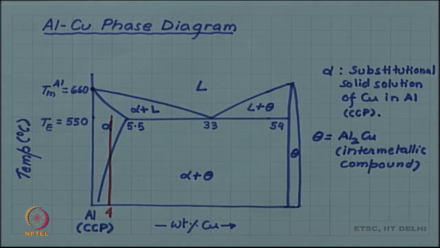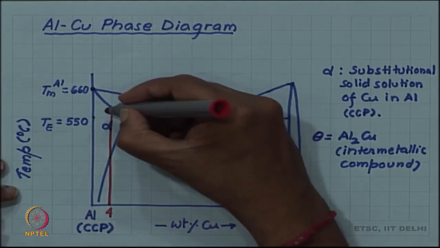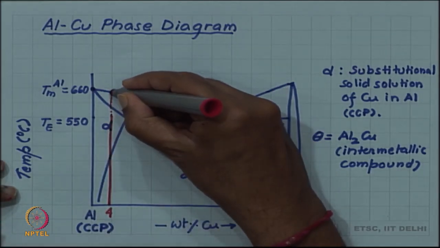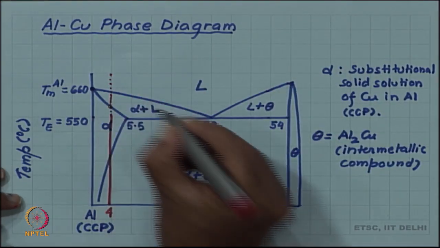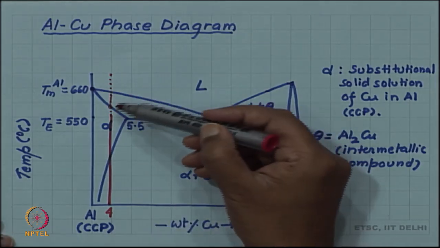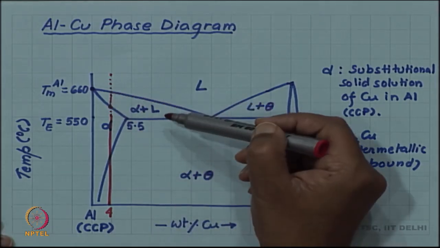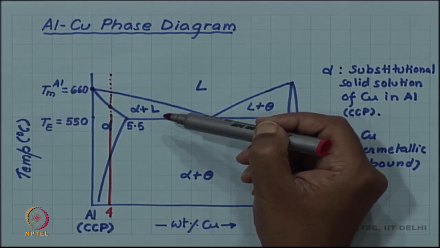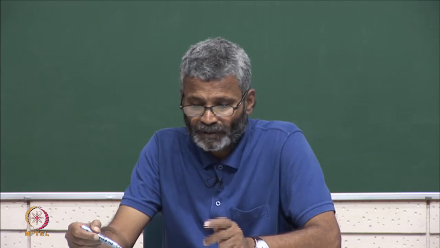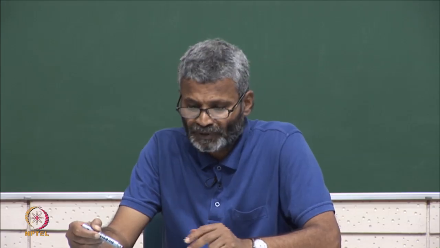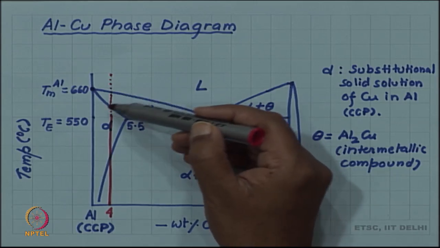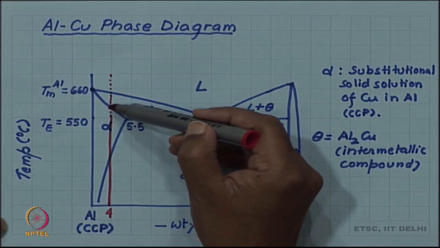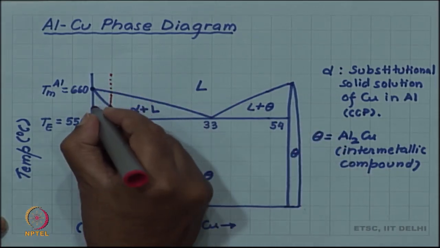Now, you can see that in this alloy, this is the solidus temperature, and if I heat above solidus, liquid phase will form. In a heat treatment process, usually the heat treatment is done for a shaped object in which we are trying to enhance the property. So, we will not like it to melt. So, we will not like to go above the solidus temperature.